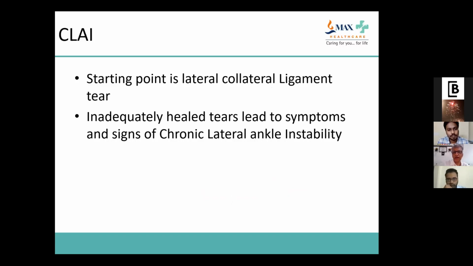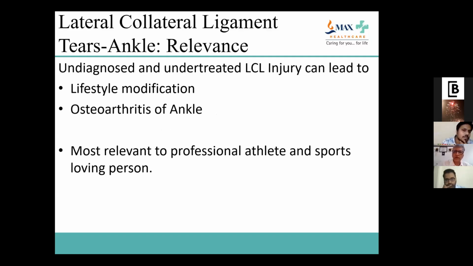That is the starting point. And if this ligament doesn't heal adequately, the rehabilitation of the patient is not to normal life, and then there are probably symptoms and signs of chronic lateral instability. What these symptoms and signs are will come later.